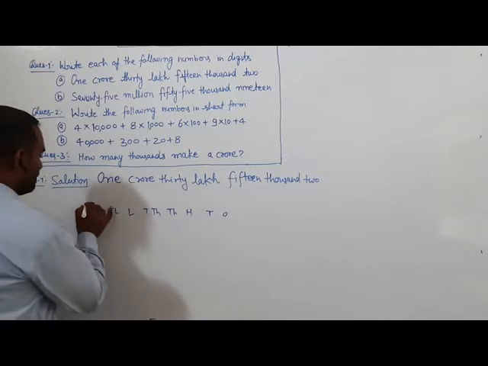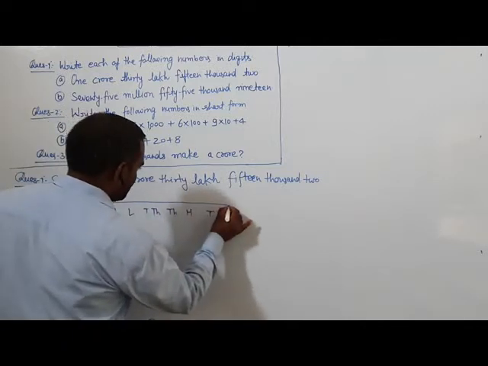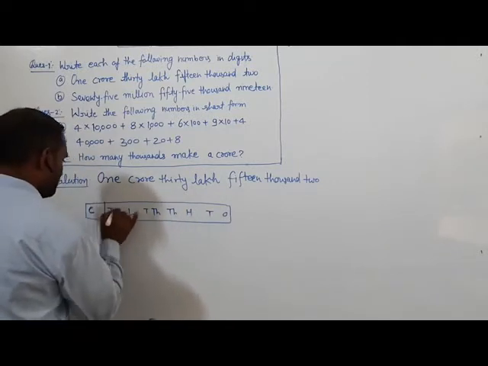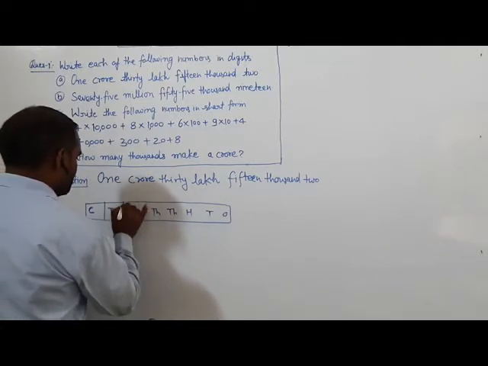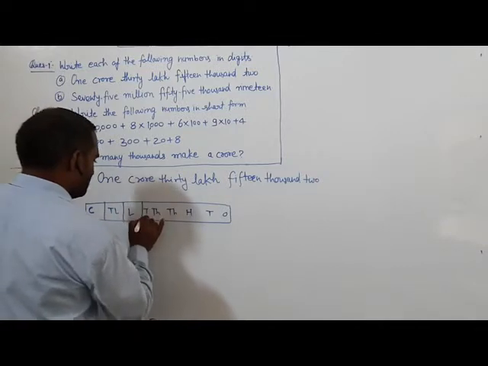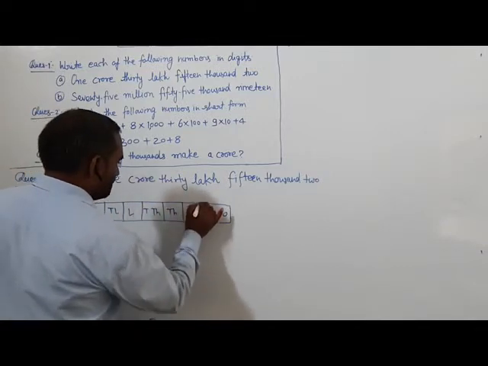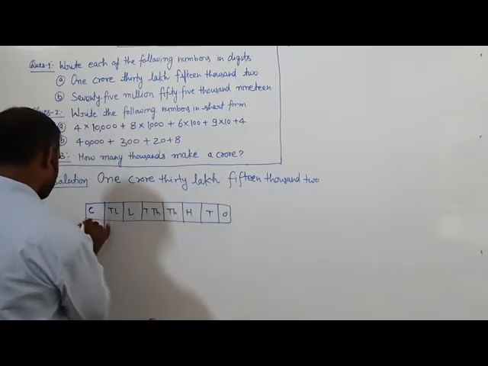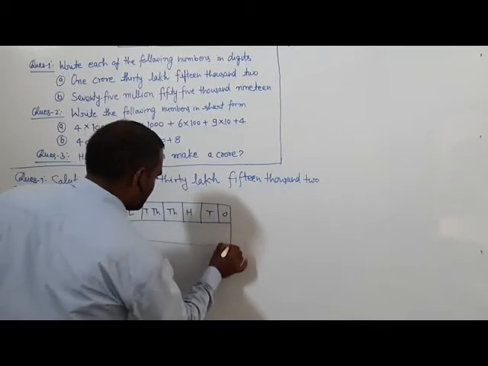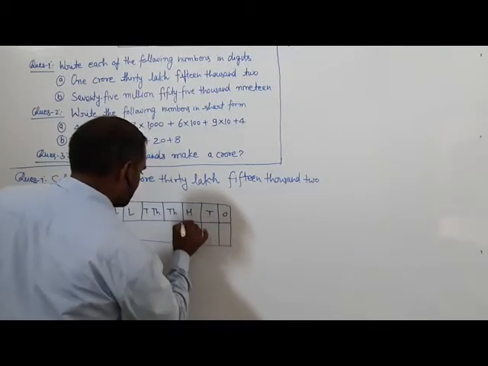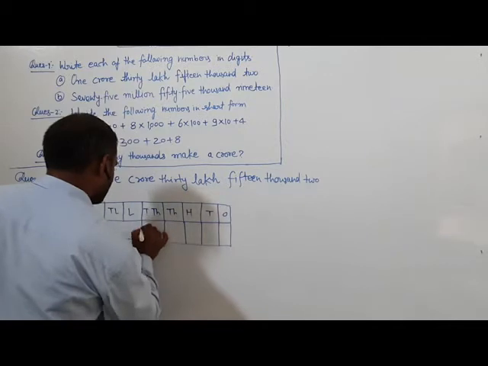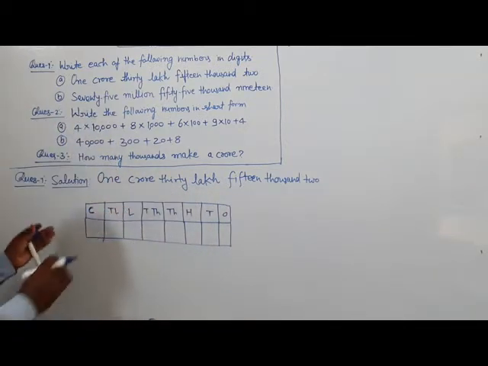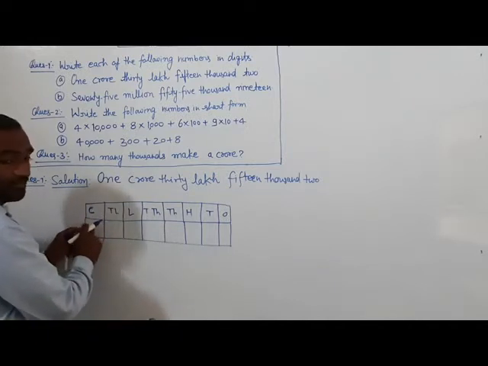This is the place value chart. 1 crore: what is the value at the crore place? At the place of crore, you have to write 1.